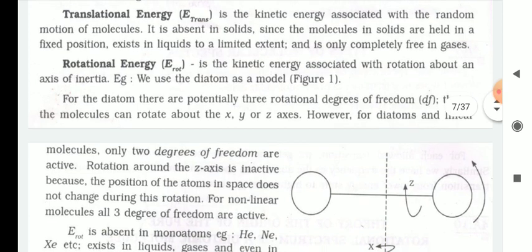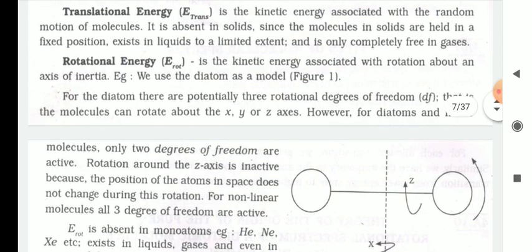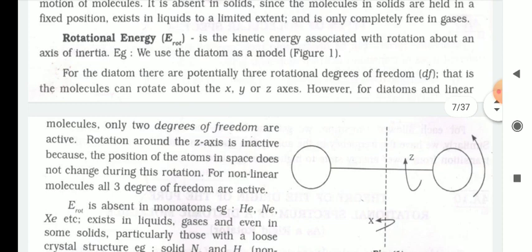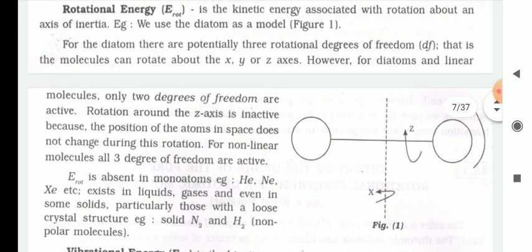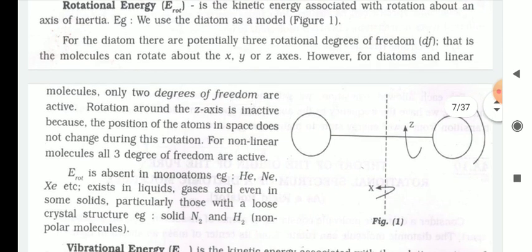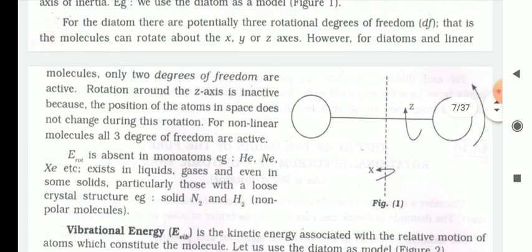The rotational kinetic energy associated with the rotation about an axis is called rotational energy. If you use the diatomic as a model, for a diatomic there are potentially 3 rotational degrees of freedom, that is, the molecule can rotate about the x, y, and z axis.